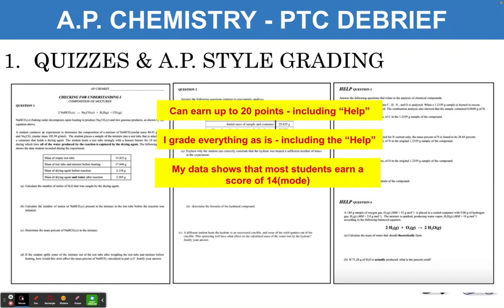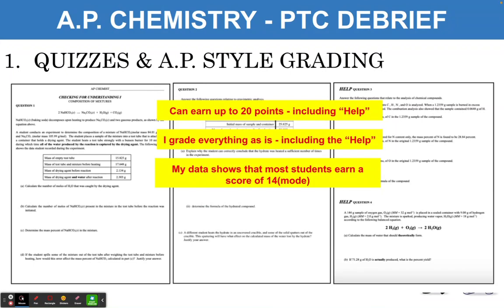And let's say, for example, I notice that most of my students are getting a score of 14, that is known as a mode. Well, I'll keep that in mind that on this quiz, most of my students are getting 14, kind of like how the AP exam is graded.